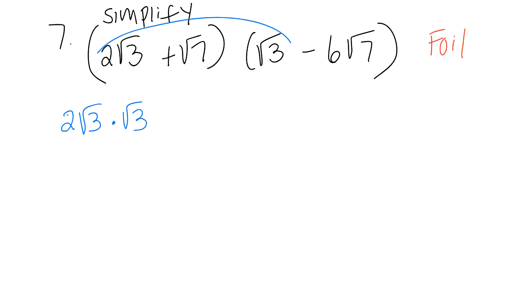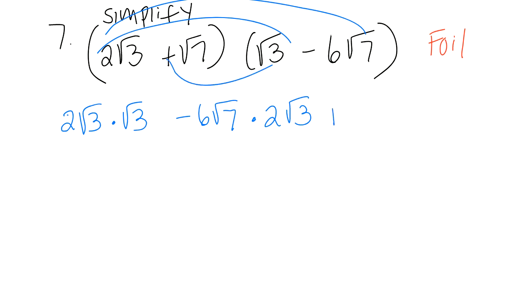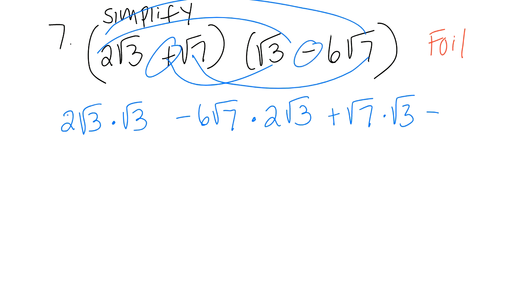And then my outer, -6 radical 7 times 2 radical 3. My inner, a positive radical 7 times a radical 3. And then my last: this is positive, this is negative, so that makes a negative radical 7 times 6 radical 7.